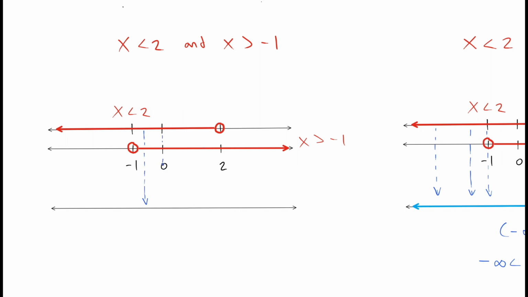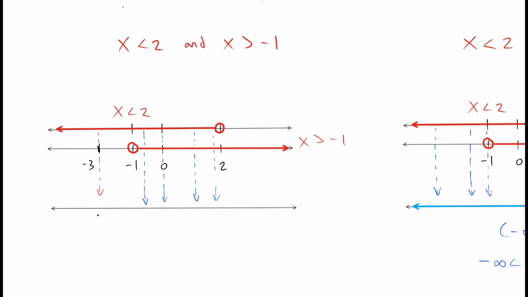So at 0, for example, 0 is in both solution sets, therefore it is kept in the final solution set. But these numbers to the left of -1, they would not be kept, because even though -3, for example, is part of the upper solution set, it's not part of the lower solution set.